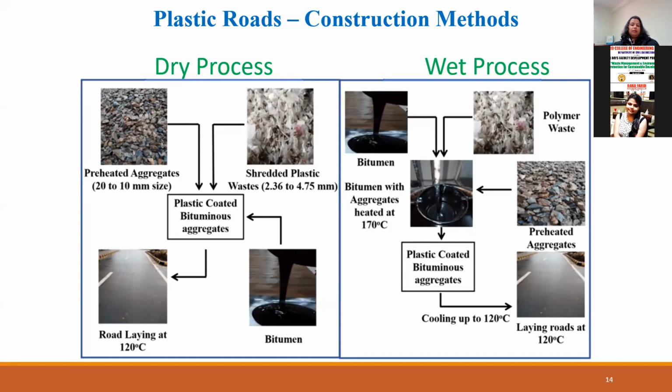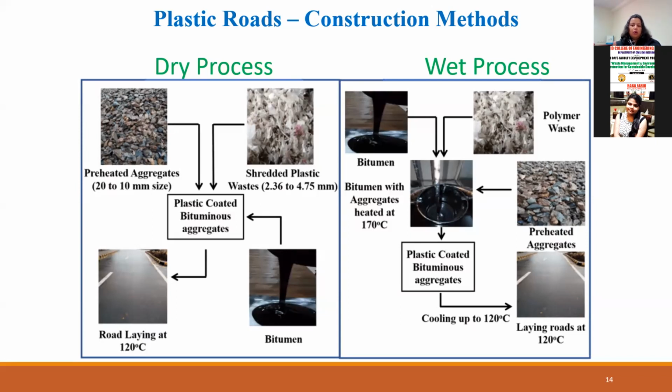In the wet process, you don't want to use these shreddings, because they are going to give unnecessarily higher viscosity, difficulty in coating the aggregates, and an inconsistent, non-uniform texture to the entire bitumen mix, which you don't want, because then it will not bond with the aggregates.